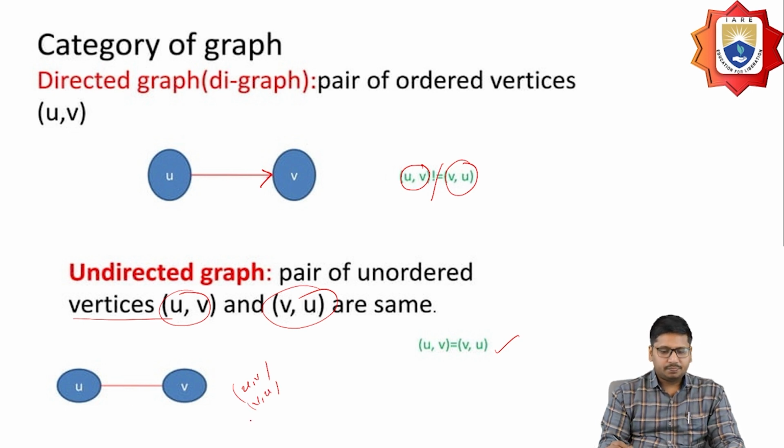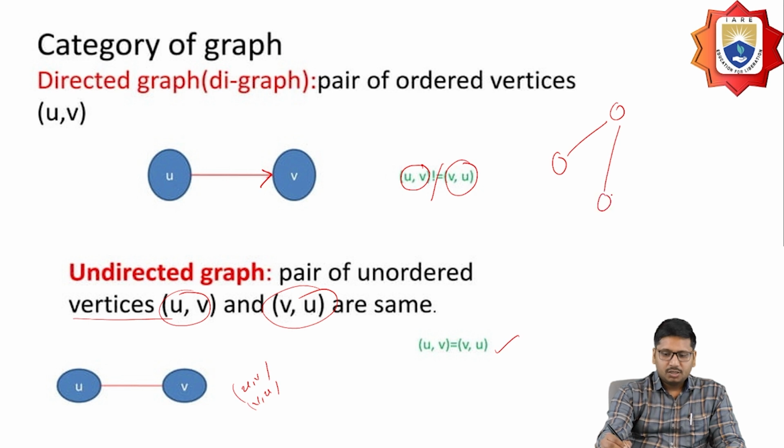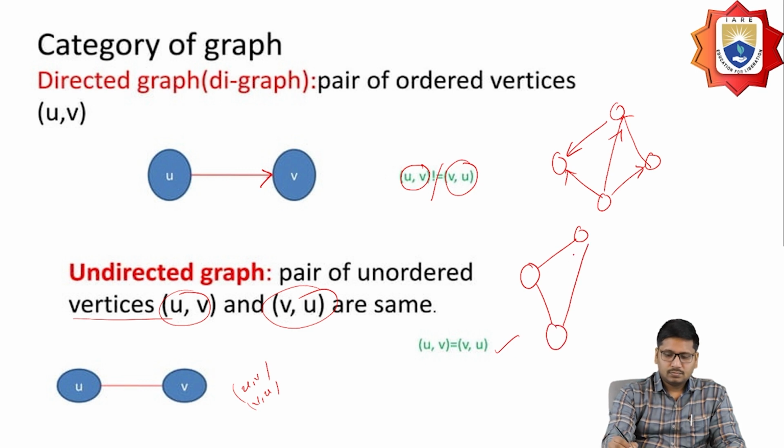Both are the same here. So the categories are the directed graph and the undirected graph. A digraph means the vertices are connected by directed edges. This one is what we call an undirected graph, and this one is a directed graph.